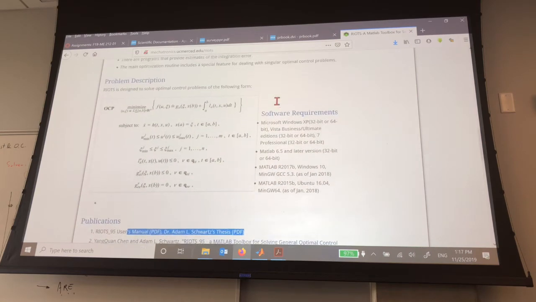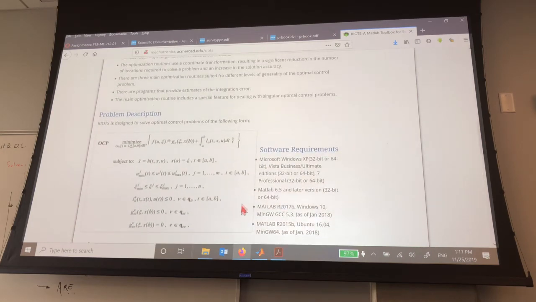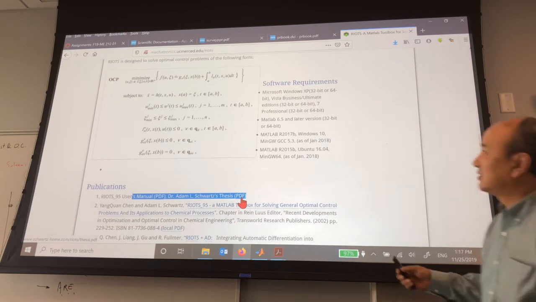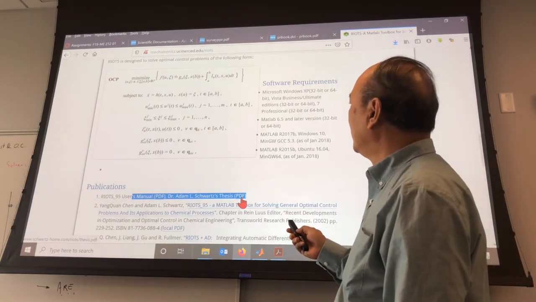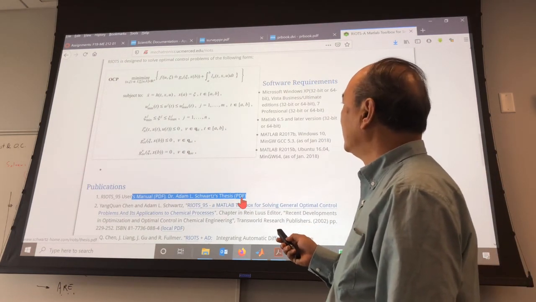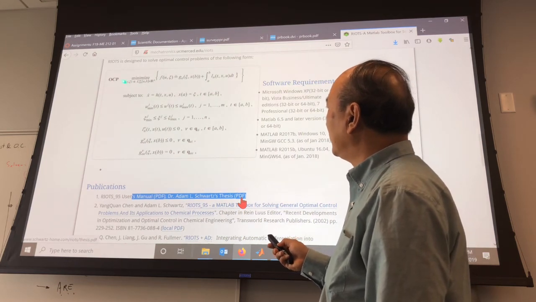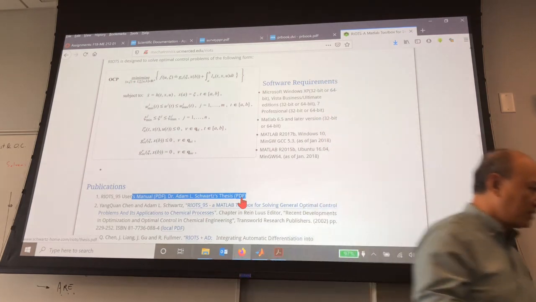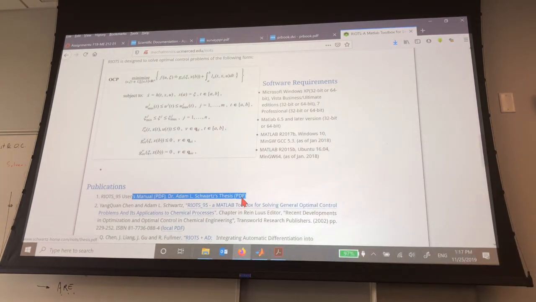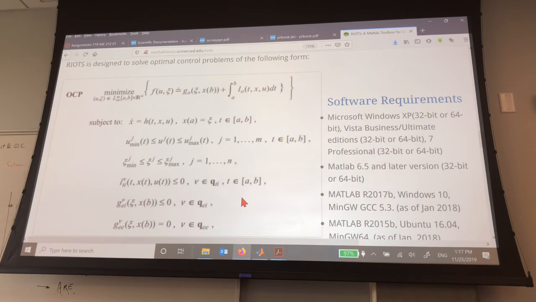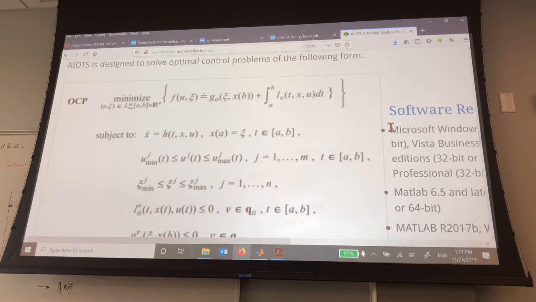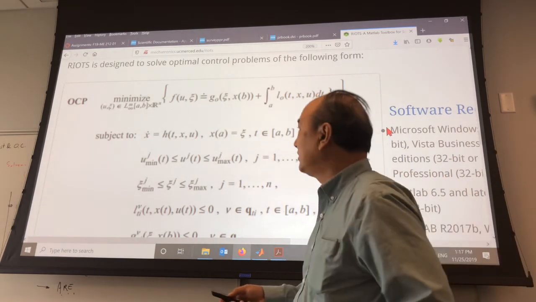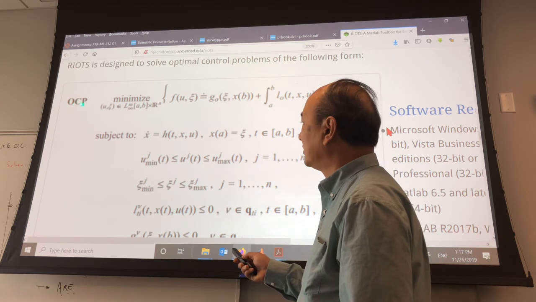If you want to take a look, basically I want you to take a look. Very clear. We use slightly different notation. Basically I want to find the optimal control signal u. Let me see if I can enlarge everything. Basically RIOTS can solve a very general class of optimal control problems.